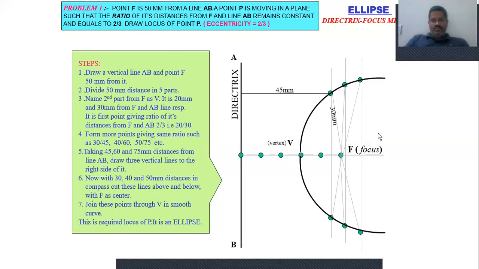So I will repeat this once again. The fixed line is called directrix, the fixed point is called focus.